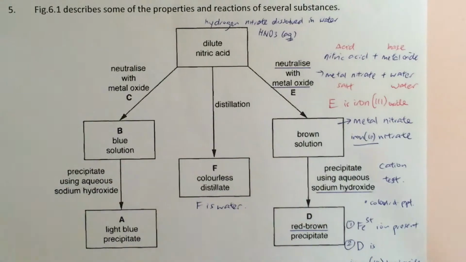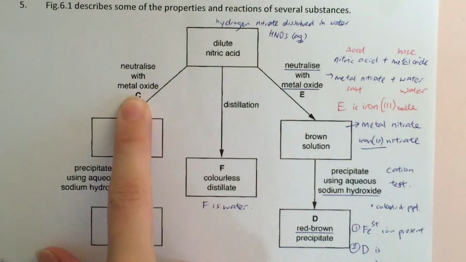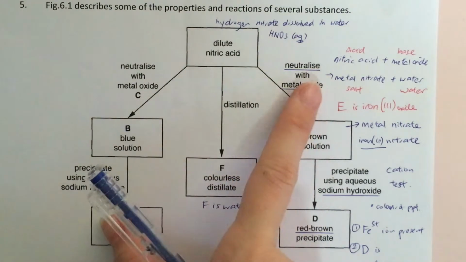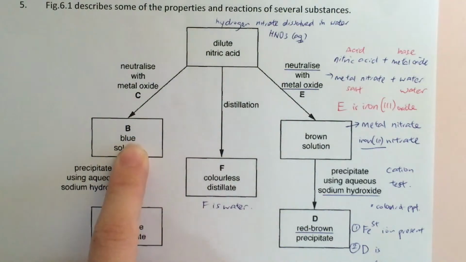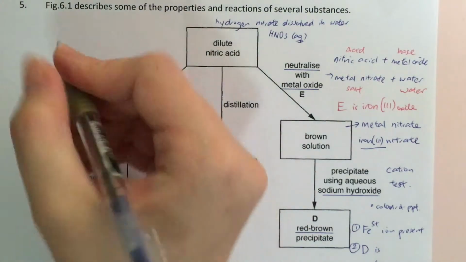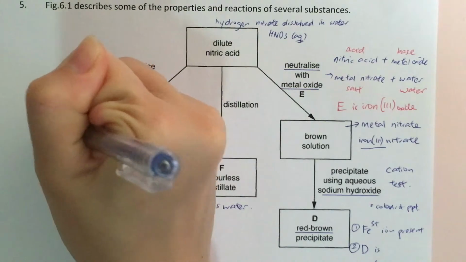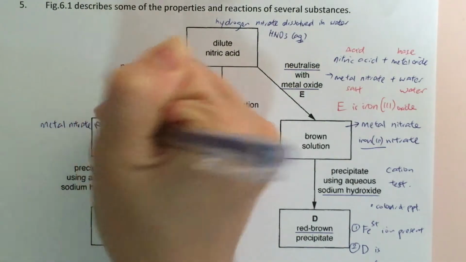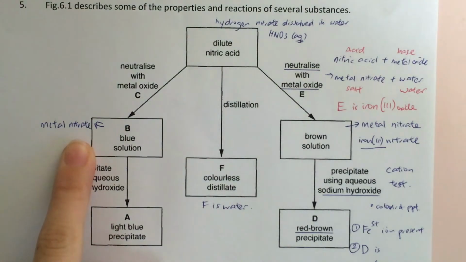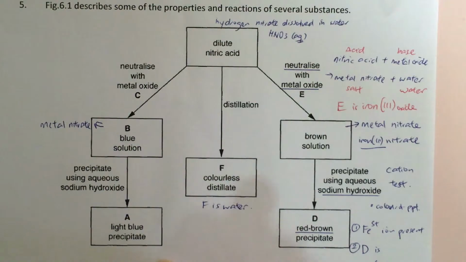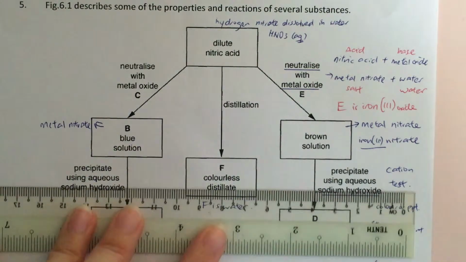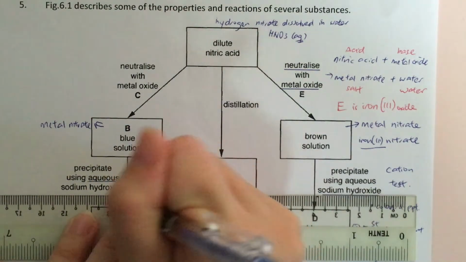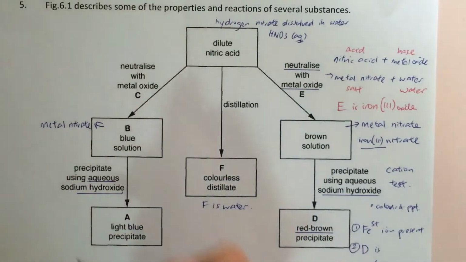Okay, now when we look at the other side, you realize it's the same reaction where an acid reacts with a base to get a salt and water. So my salt here will also be a metal nitrate. And after that, I'm testing using aqueous sodium hydroxide. And this would be a what test?